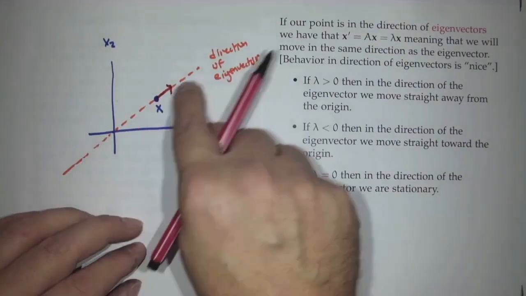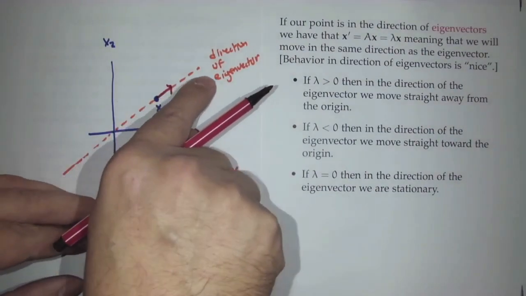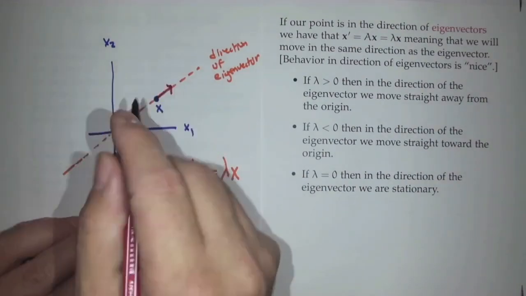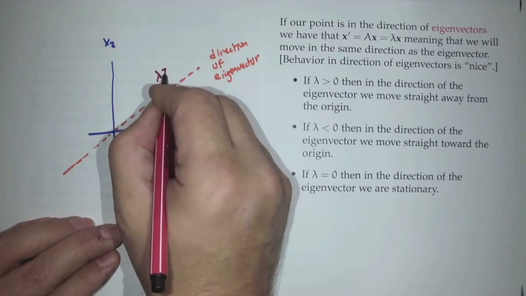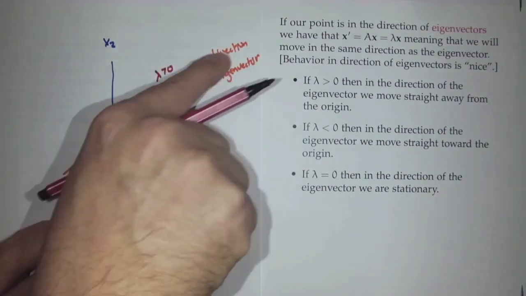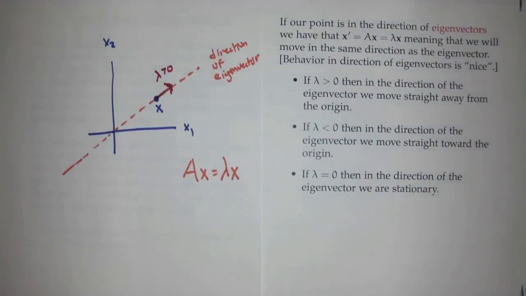So if I'm in the direction of an eigenvector, my arrows say, hey, that's a great direction. I like that direction. Keep going in that direction. So this is when lambda is positive. We move away. In fact, we're going to move away from the origin. What would happen if lambda had been negative?